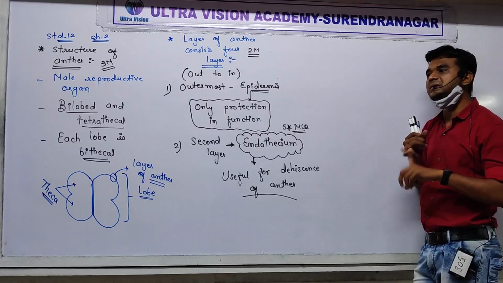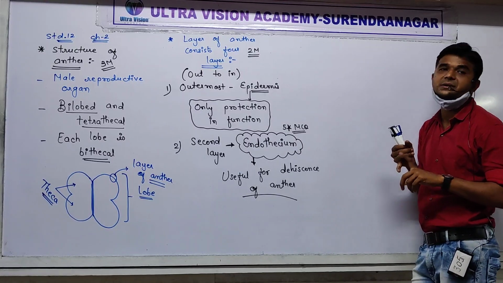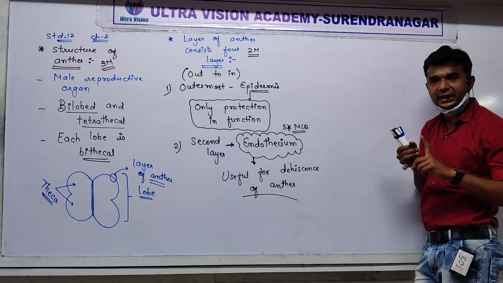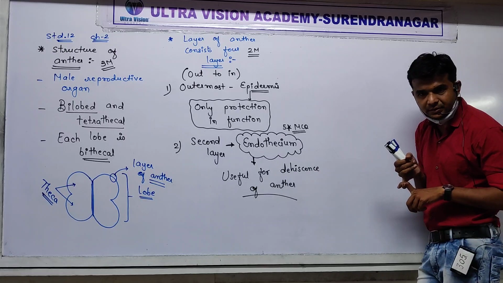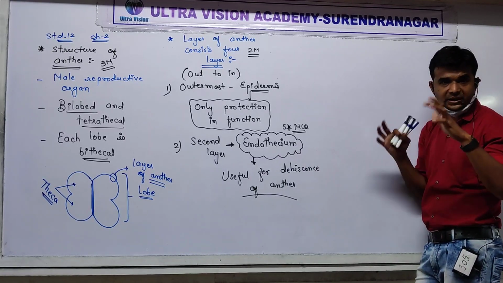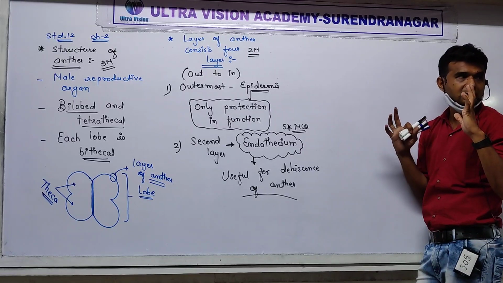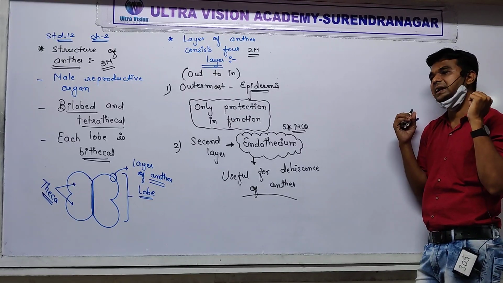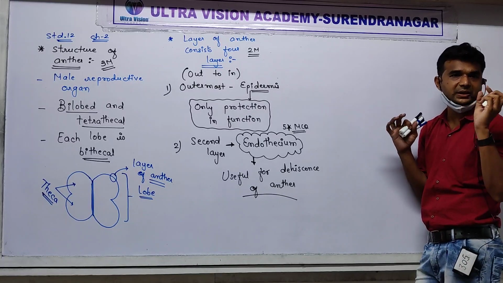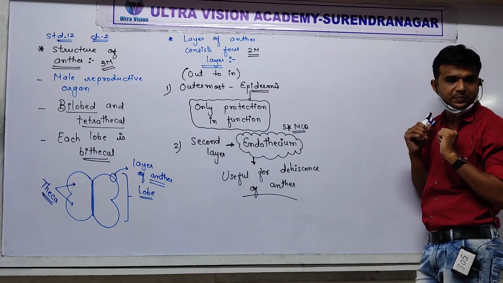So don't make the mistake between dehiscence and senescence. So naturally the anther dehisces, naturally the anther breaks and releases the mature pollen grains outside. So we see outside that pollen grains are present as dust particles.